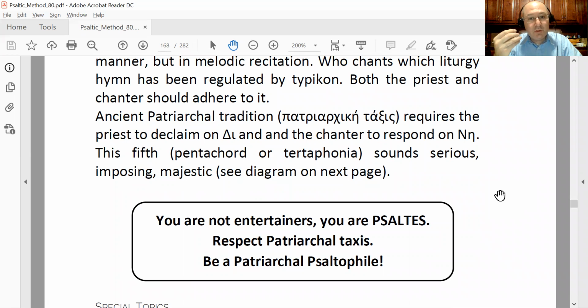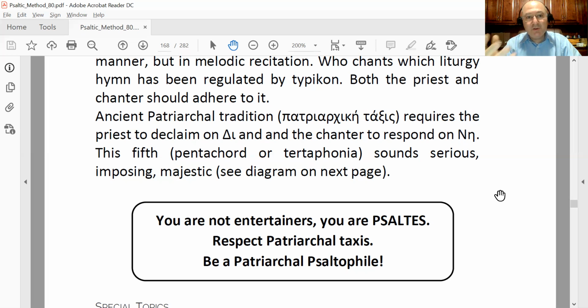I would like you to think of yourselves and be proud and have this badge of honor of being psaltes, not church musicians, not entertainers. You can be all that outside of the church, but inside the church, I want you to think of yourselves as having a higher ethos and ethical standards, and call yourself psaltis and be proud of it.